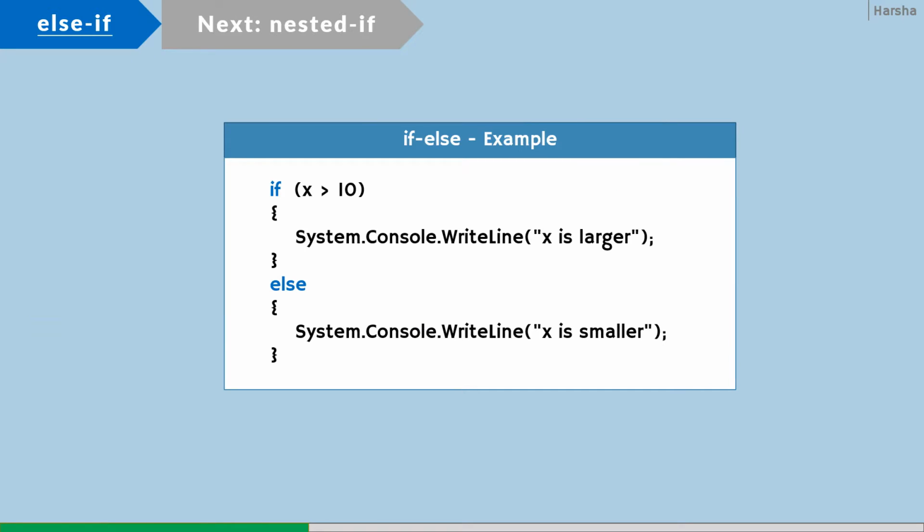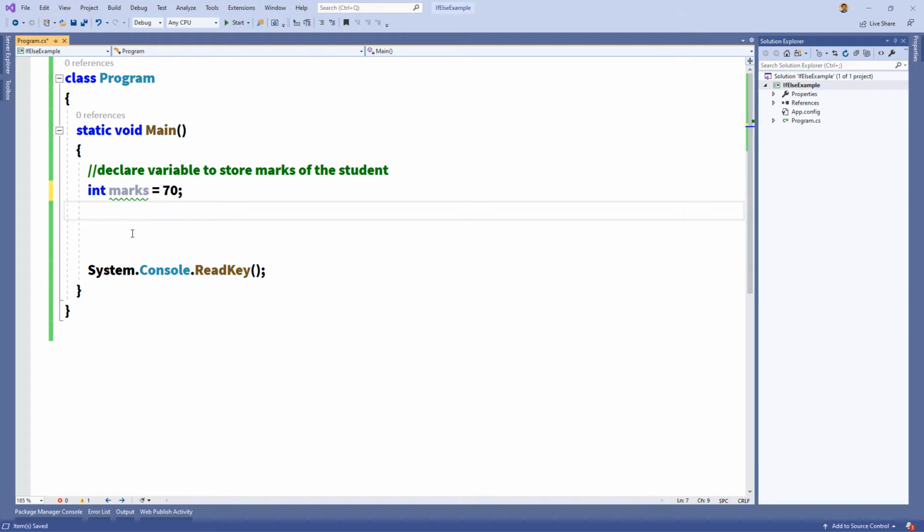This is a quick example on if else, where you have one condition. If the condition is true, the first block will execute, otherwise the second block. You can understand the else as otherwise. So here also we declare a variable to store the marks of the student, and I want to print a message, either congratulations or better luck next time, depending on the secured marks of the student.